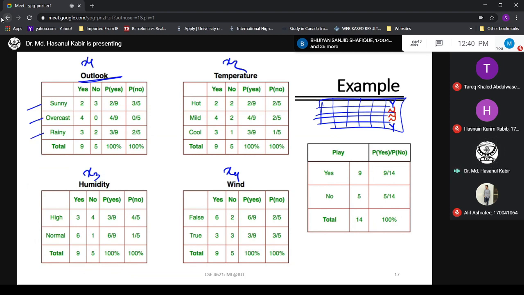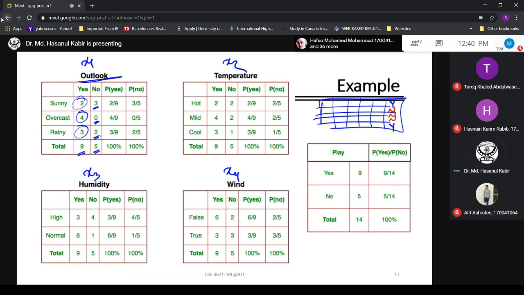Among those 14 days, you played golf for 9 days. On the days where you played golf, 2 of the days were sunny, 4 were overcast, and 3 were rainy. On the other hand, on the 5 days you did not play golf, even if the day was sunny, you didn't play, and whenever it was overcast, or raining, you didn't play.